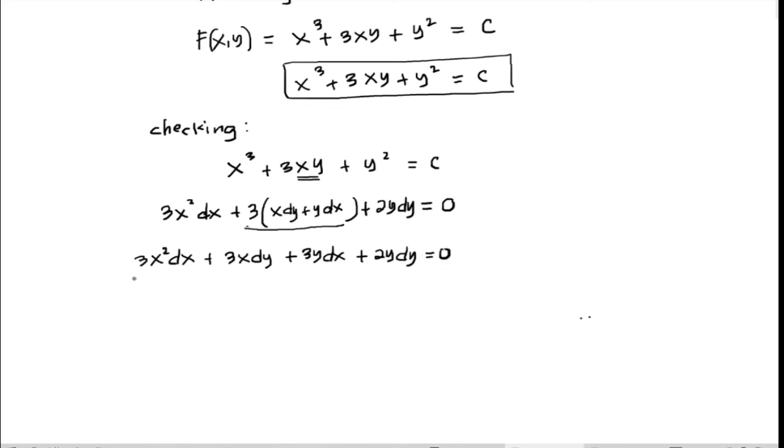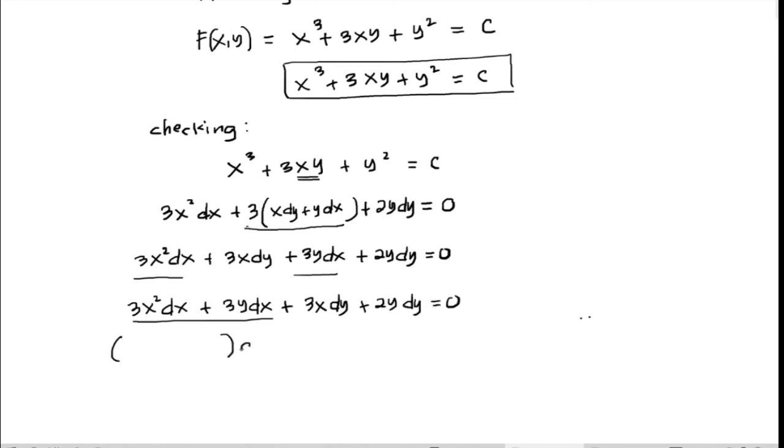Then I have to group the dx term. That is 3x squared dx plus 3y dx. Then I will also write the two dy terms here. 3x dy plus 2y dy is equal to 0. Then I'm going to factor out the dx in the first two terms and write the coefficients inside the parentheses.